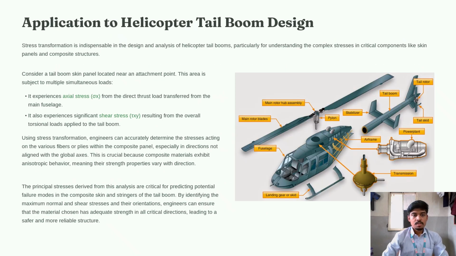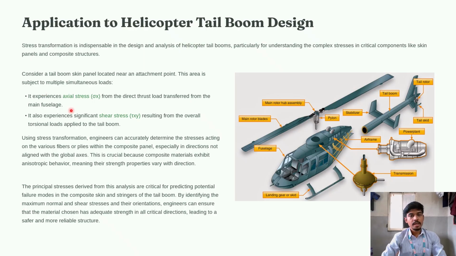So what are the applications to helicopter tail boom design? Stress transformation is indispensable in the design and analysis of helicopter tail booms, particularly for understanding complex stresses in critical components. So, consider a tail boom skin panel located near an attachment point. This area is subject to multiple simultaneous loads.